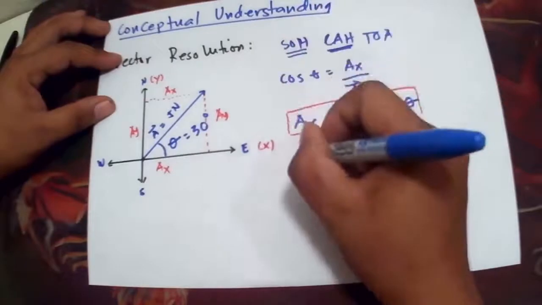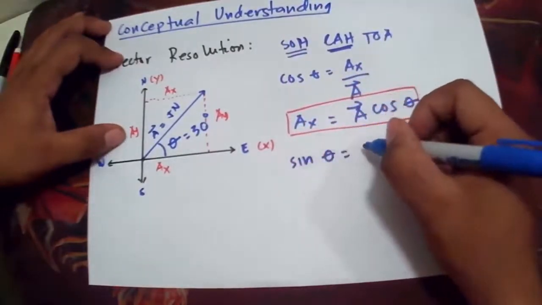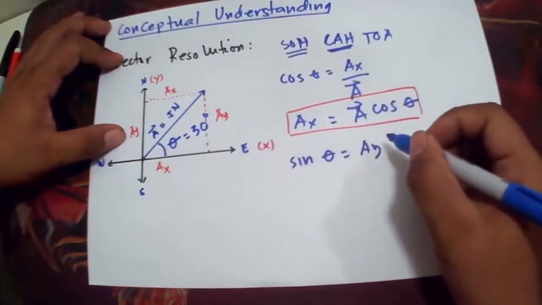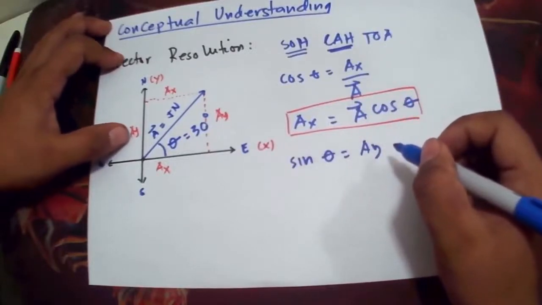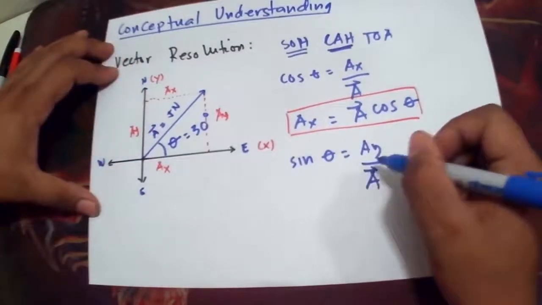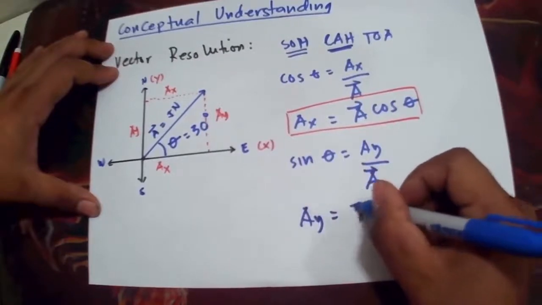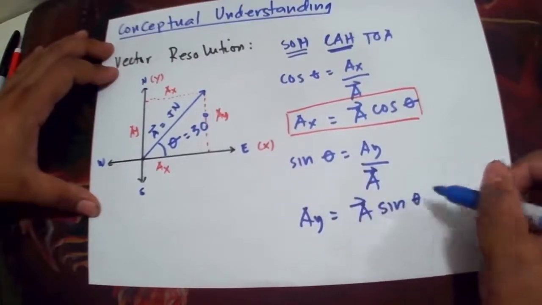So, applying this one, sine theta is equal to the opposite side, a sub y, over the hypotenuse side, which is the vector a. Cross multiply this one, this becomes a sub y is equal to vector a sine theta.